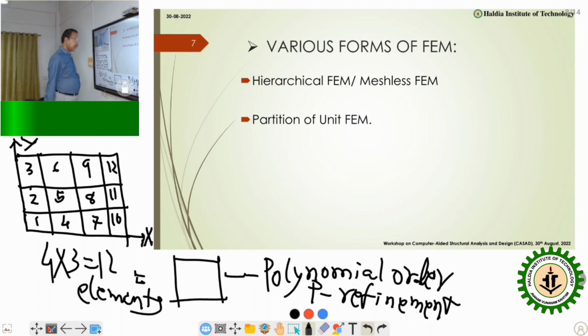The polynomial degree or order is refined for this kind of finite element method, but basically we do resort to this kind of finite element method where the discretization or the mesh refinement is done. This is a mesh refinement method.